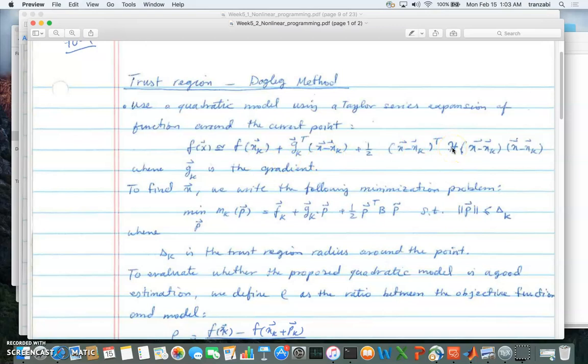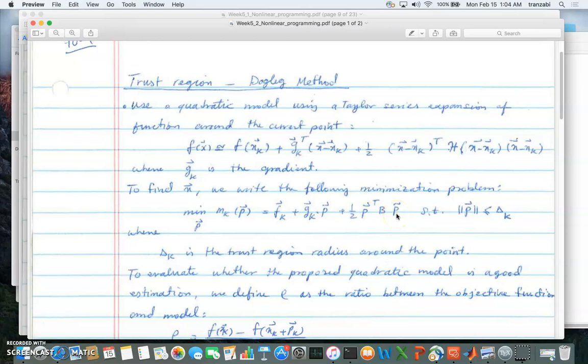And to minimize f, we're going to minimize basically this, which is fk, plus the gradient, which is gk, times the change in x, which is delta x, or we call it the p vector. And then 1/2 of p transpose, and then the second derivative times p.